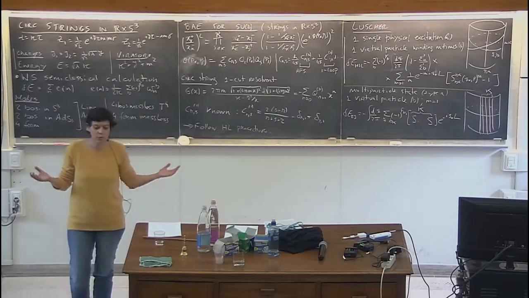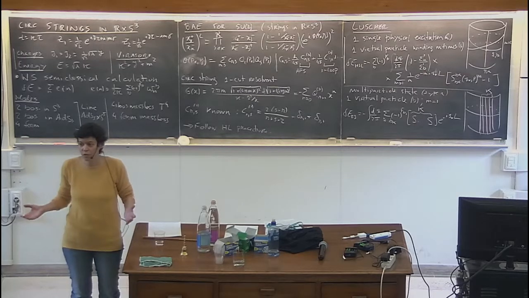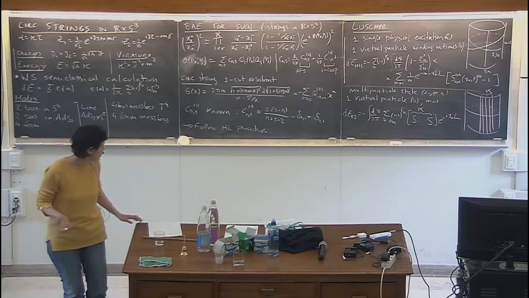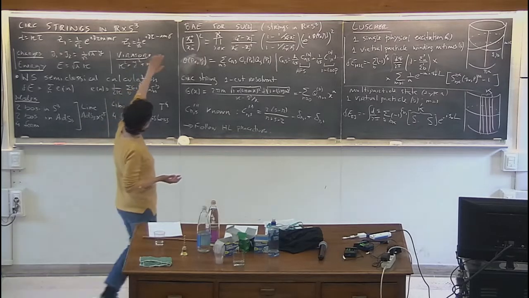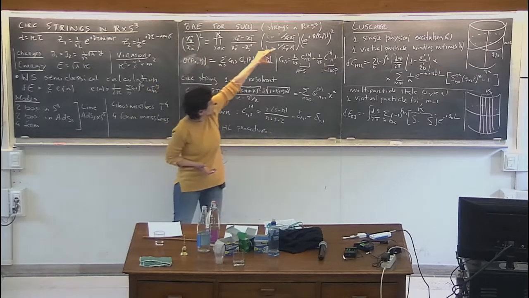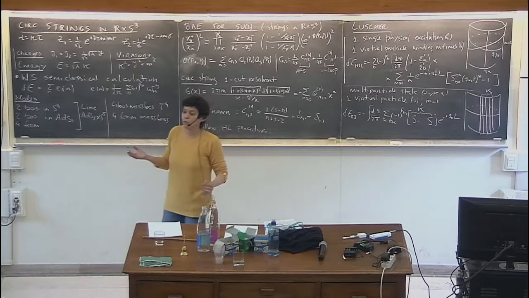Why? Because we are talking about a consistent sector which is related to R cross S3, so it's the SU(2) sector of the Bethe ansatz equations. If you analyze this sector, I've written here the Bethe ansatz equations, of course this dressing phase now is going to be different.